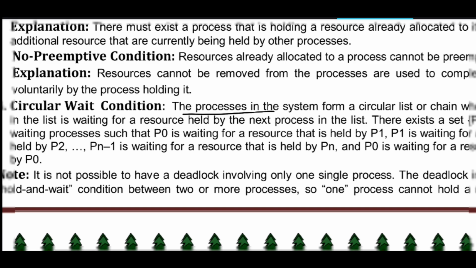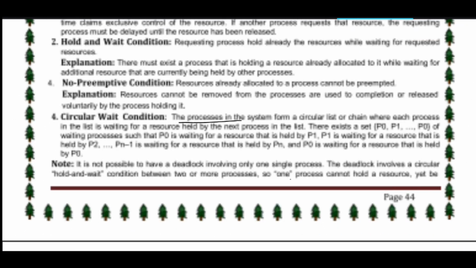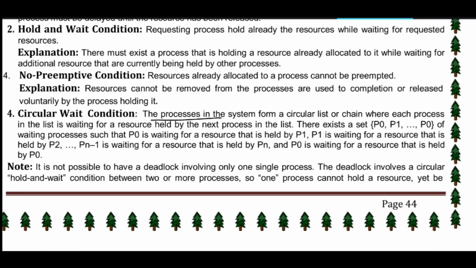Let's read the explanation. The processes in the system form a circular list or chain where each process in the list is waiting for a resource held by the next process in the list.